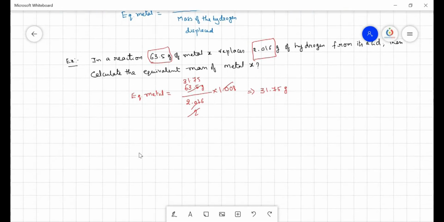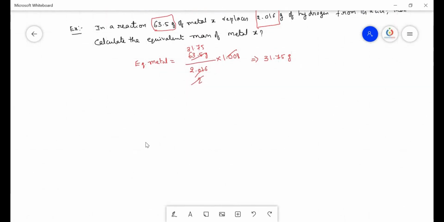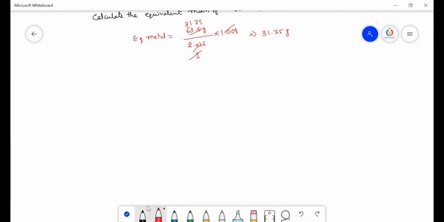Similarly, there are the chloride method and the oxide method. Let us see them also. Here I will take the chloride formation method.